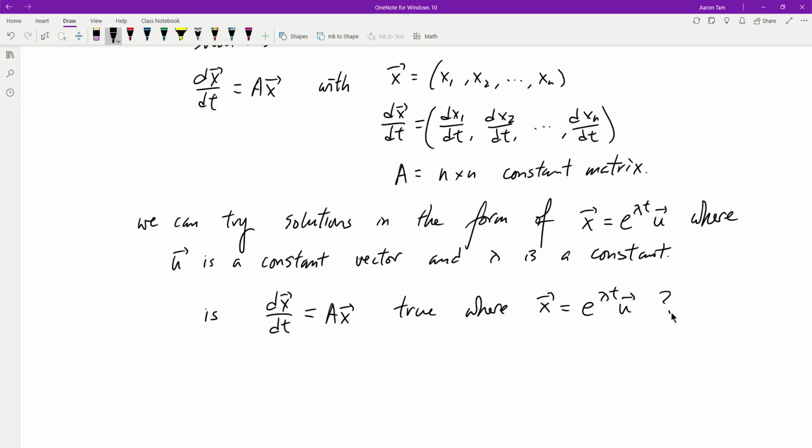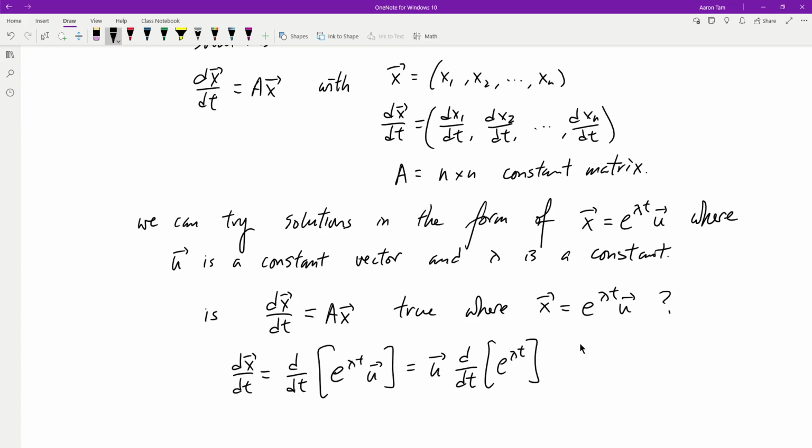Or rather, what conditions on lambda and vector u will make this statement true? Let's find out. If x is indeed that, then d vector x over dt equals d over dt of e to the lambda t vector u. Since vector u is a constant vector, we pull that out of the differentiation and simply differentiate e to the lambda t, which comes out to be lambda e to the lambda t vector u.